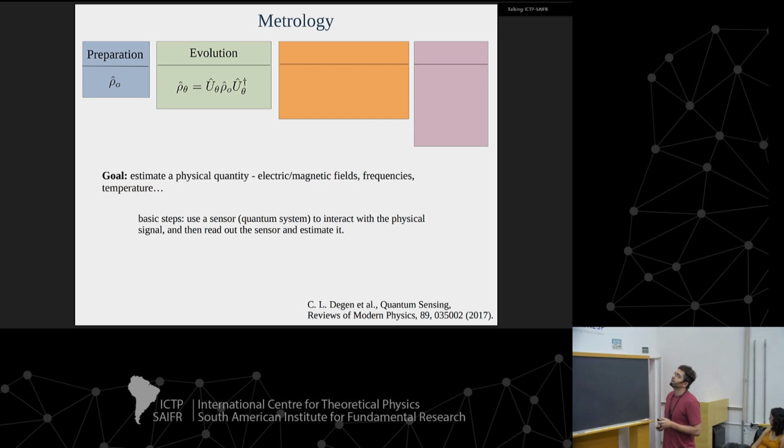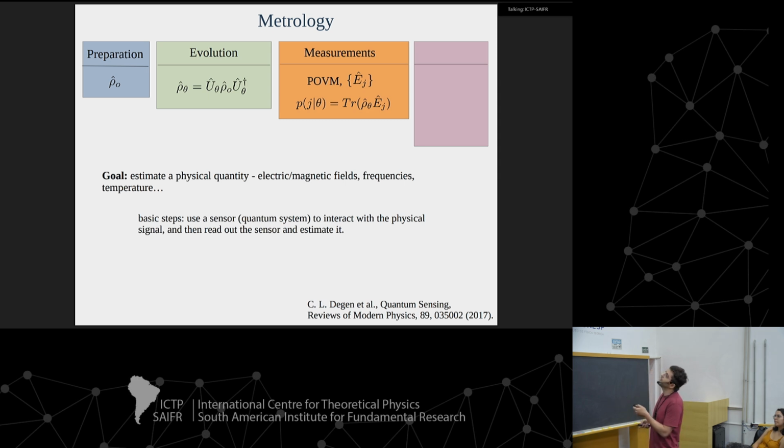Given that the information is somehow encoded in my quantum system, I want to extract this information. How do we extract information from a quantum system? We make quantum measurements. The most general type of quantum measurement is what we call positive operator valued measures, POVMs.